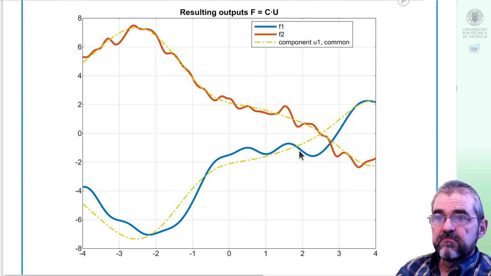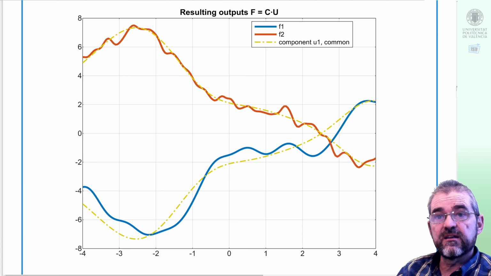Well, it seems that this shouldn't be so difficult because most of what I see in blue and red functions comes from the yellow one. So this should be easy, and indeed it is. Let's delve into the details as the main goal of this video.